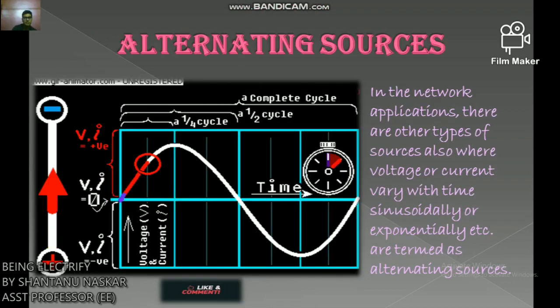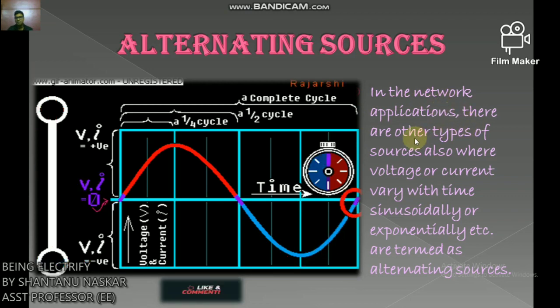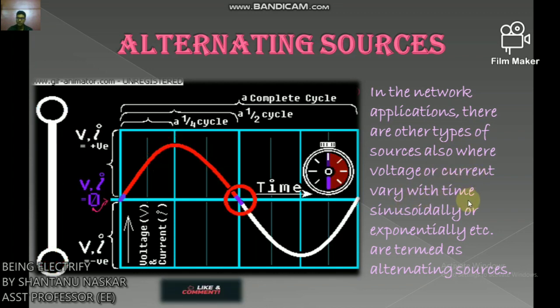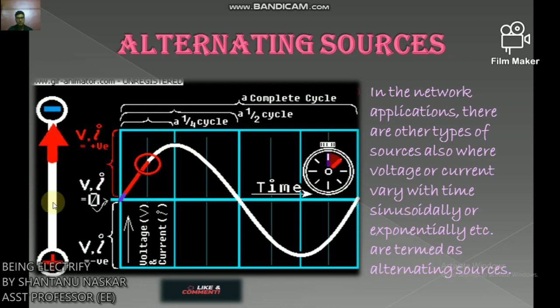So comes my next slide, alternating source. So what is an alternating source? In network applications, there are other types of sources also, where voltage or current varies with time, sinusoidally or exponentially, etc., and these are termed alternating sources. Previously we discussed all the DC sources.